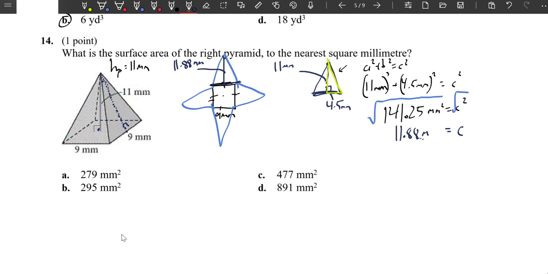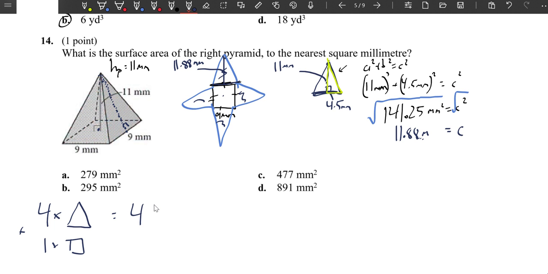Now we know all of the dimensions we need to figure out this shape. We know that there are 4 of these triangles, so like 1, 2, 3, 4, and they're all the same. And there's 1 of the square on the bottom. So we got 4 area of a triangle.